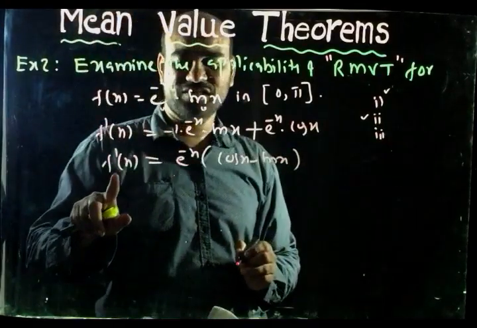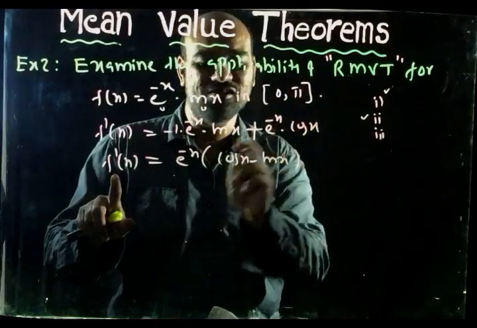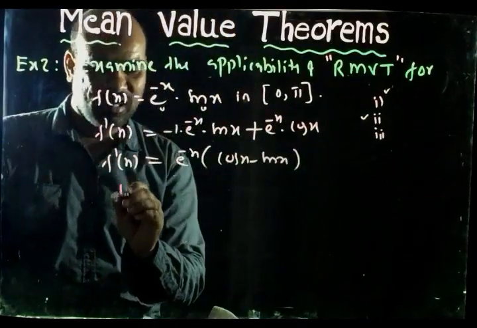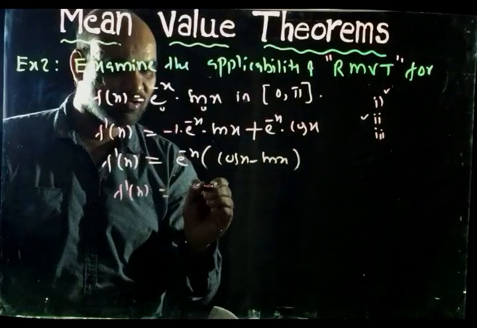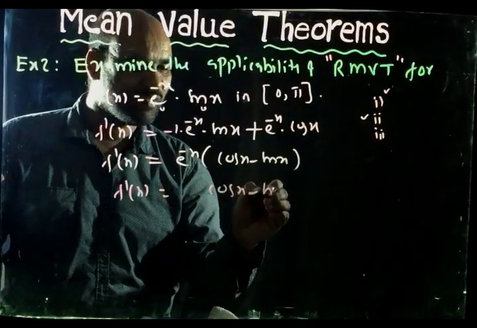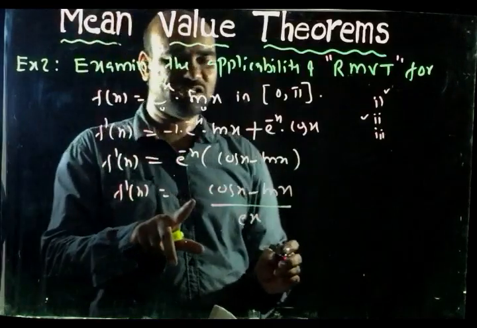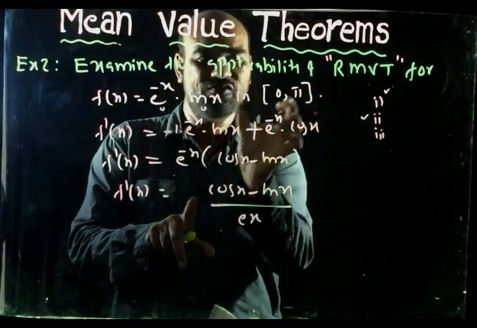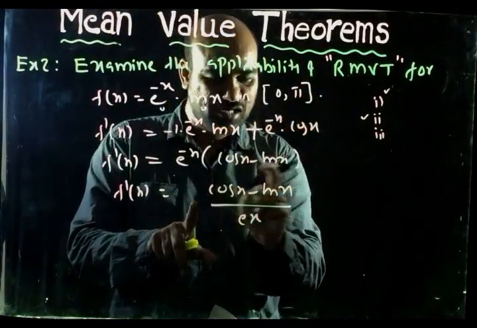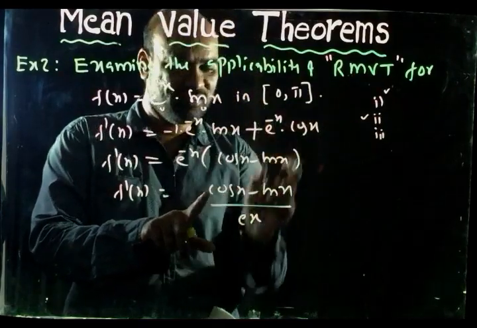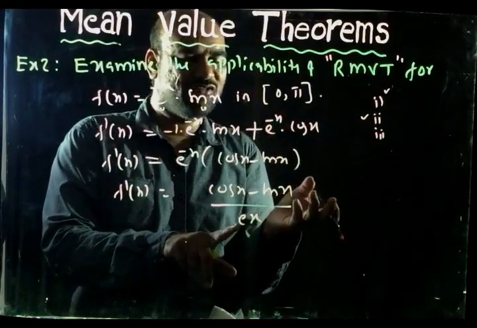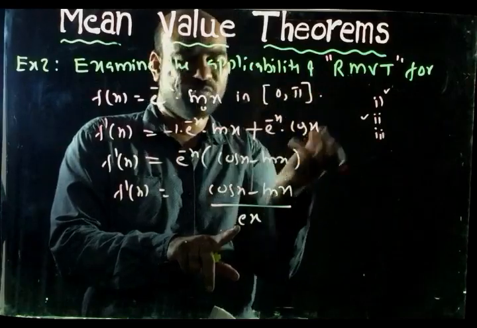Clearly f dash of x is defined in this interval. Another way I can write it is f dash of x equal to cos x minus sin x by e power x. e power x is always positive, so on 0 to pi it is defined.